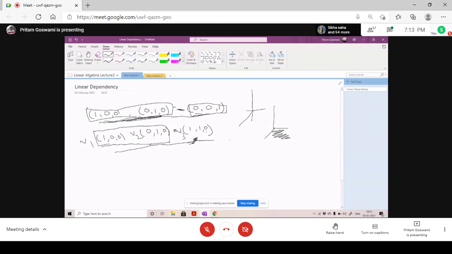I say that the set S containing these three vectors v1, v2, v3, and there can be other elements here also, is dependent. Why? Because in this S I can get three vectors v1, v2, and v3 such that I can write 1 times v1 plus 1 times v2 minus 1 times v3 equals 0, right?